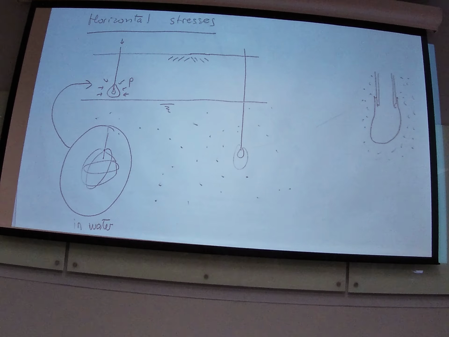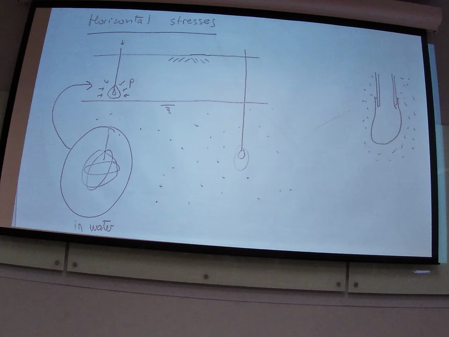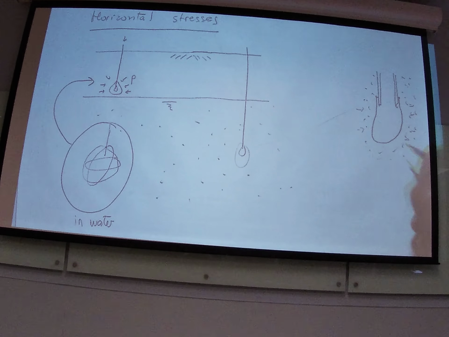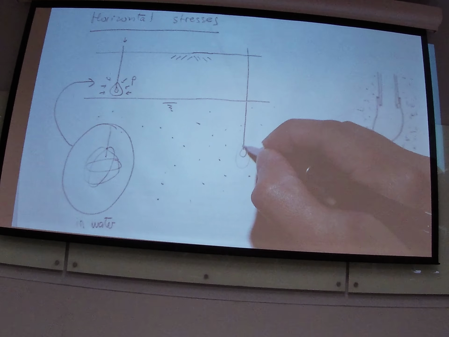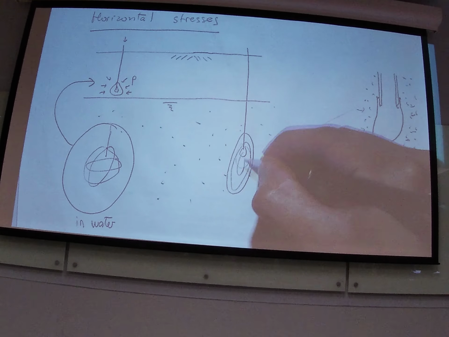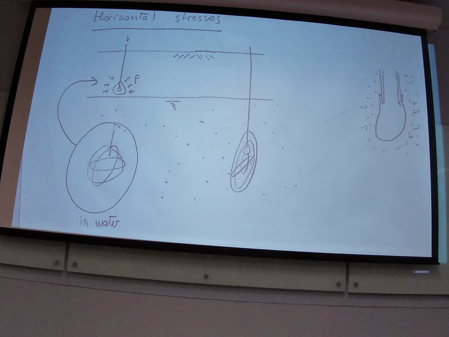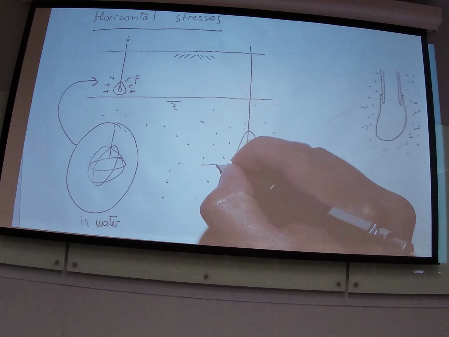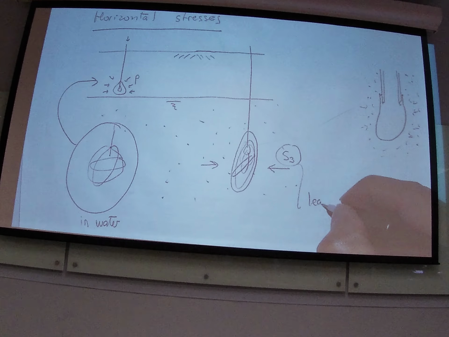If we actually manage to inflate this and make it overcome the forces that are acting on it, it's going to have the shape of sort of an ellipsoid, and it's going to have the smaller length perpendicular to the direction of something that we're going to call the least principal stress.